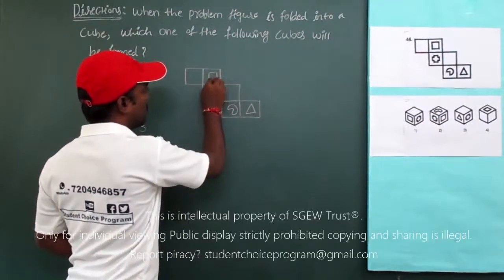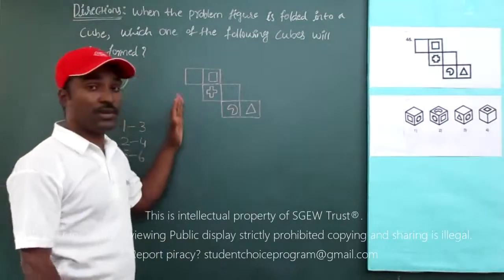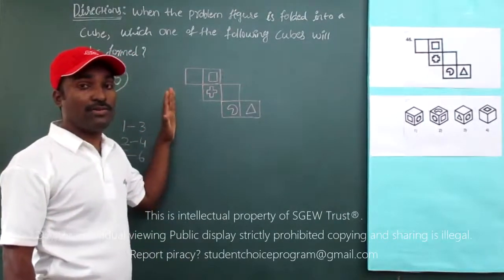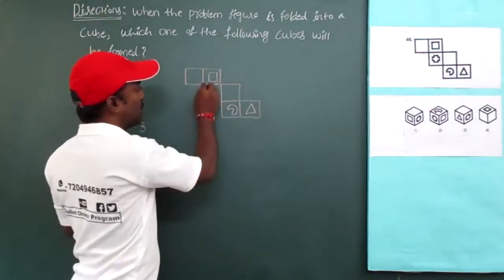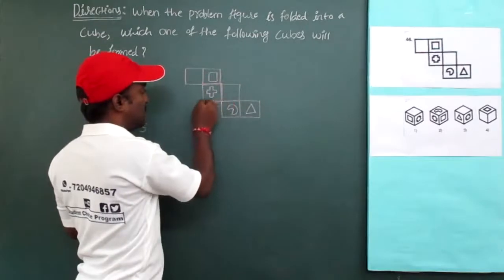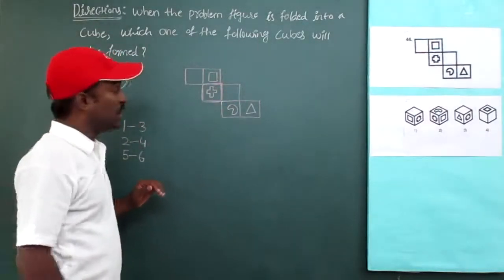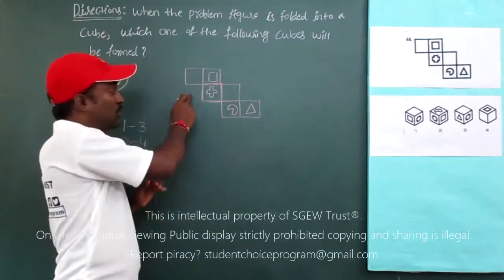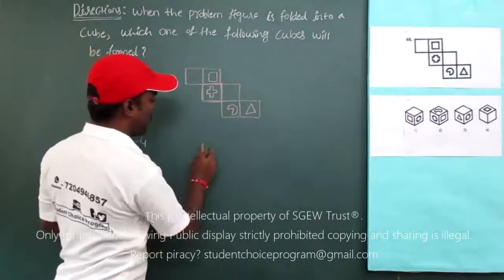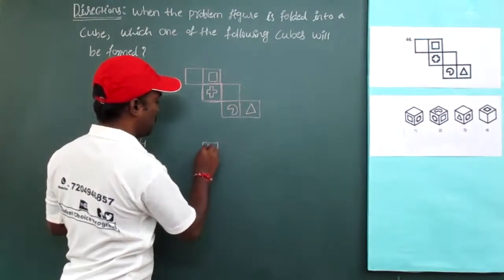This is the given figure. Now you have to convert this into the general unfolded cube format. So to convert this, you should keep this center face as it is. First, keep this center face as it is, and you shift this face to this place. Now if you shift that, how is it modified?